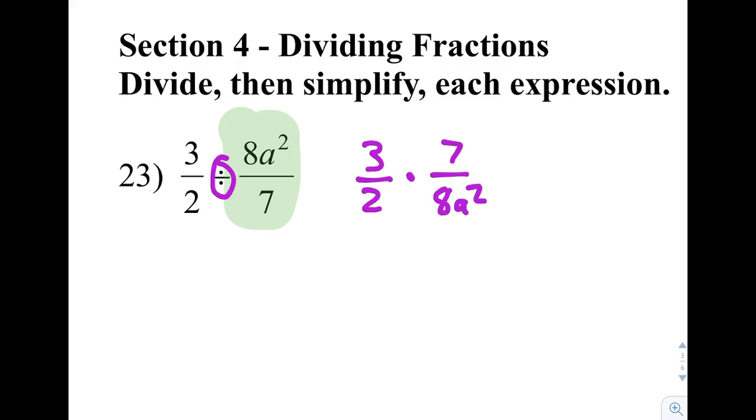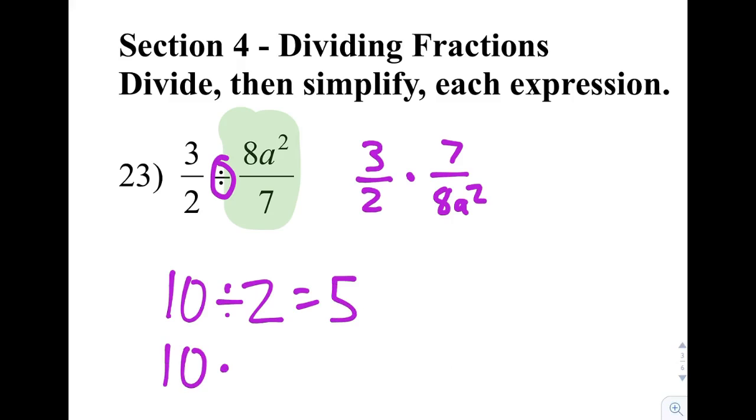So an easy example to think of why something like this would work, it seems like kind of a weird rule, but if you think of something like, what is 10 divided by 2? Well, 10 divided by 2 is 5. But what is 10 times a half, or using different language, what is half of 10? Well, that's 5. So if you take 10 divided by 2 and rewrite it as 10 divided by 2 over 1, same thing.